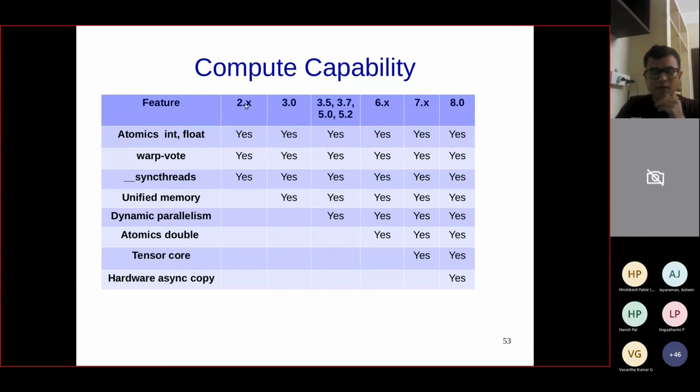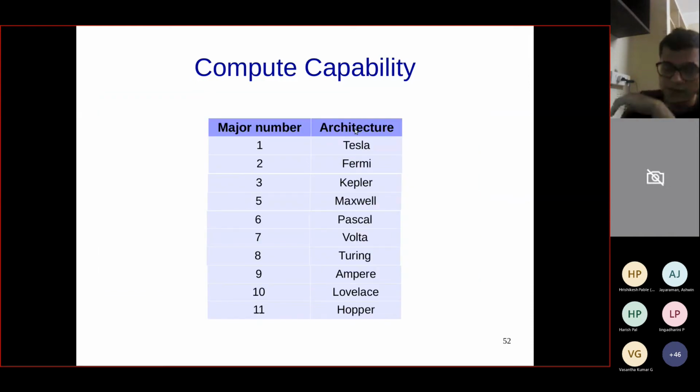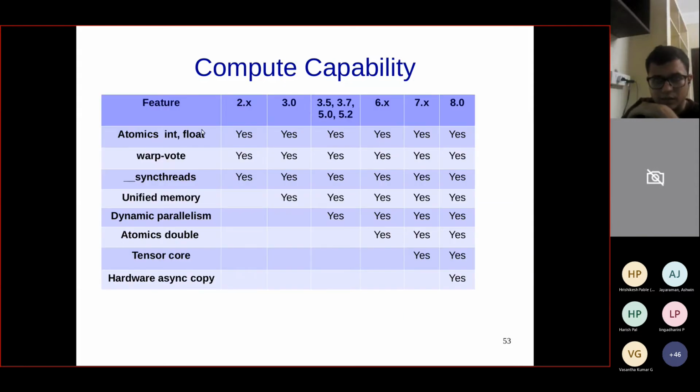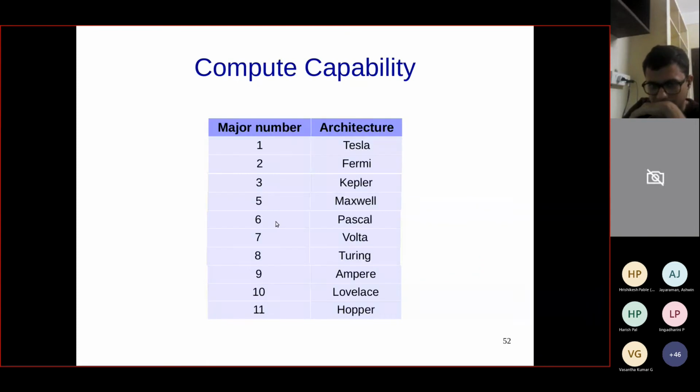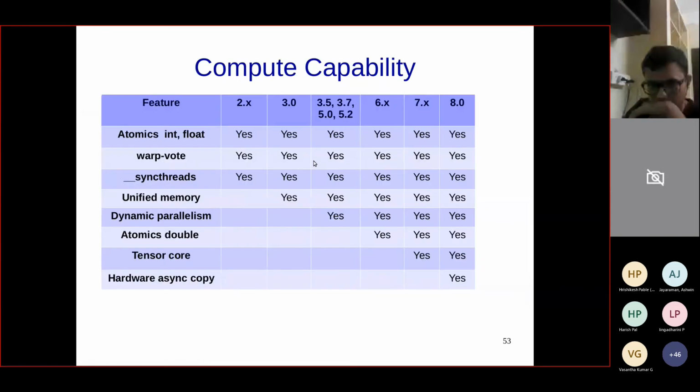As compared to 1.x, 2.x supports these features: atomics with ints and floats, warp voting, and sync threads. Warp voting is something we'll learn if we get time. These three features are supported by the 2.x family of GPUs, but not by 1.x. So Tesla won't support these three things, but the Fermi family of GPUs will.